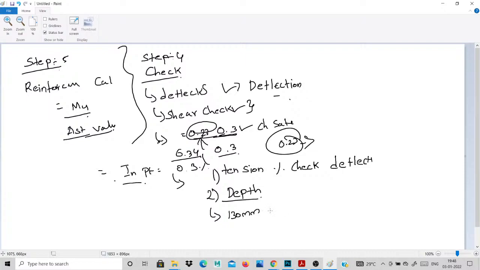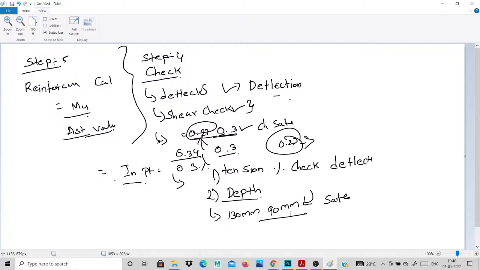Finally I calculated my depth as 90 mm, so it will be safe. The deflection is mainly checked for the percentage of tensile reinforcement and then the depth of your reinforcement. These are the main things for your slabs.